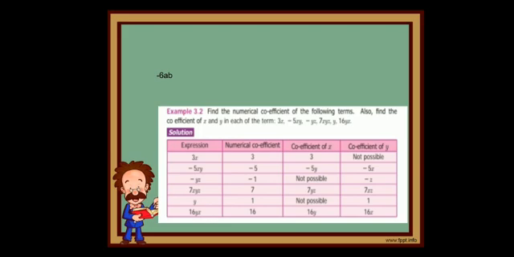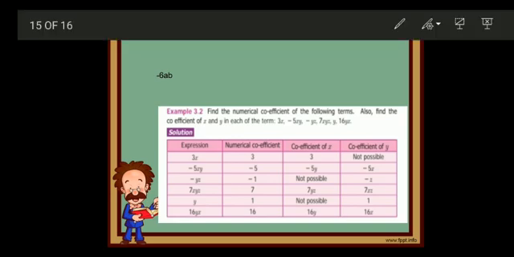So, see the example 3.2. Find the numerical coefficient of the following terms. Also find the coefficient of x and y in each of the terms. So, here they have given different expressions. We have to find the numerical coefficient there, and we have to find the coefficient of x and the coefficient of y. See the first one, 3x.